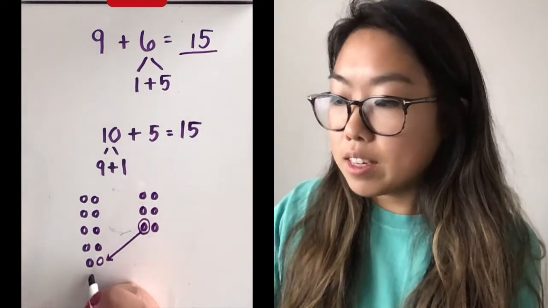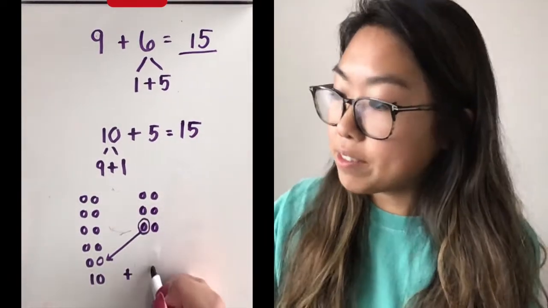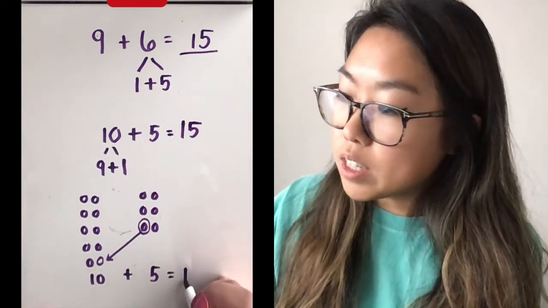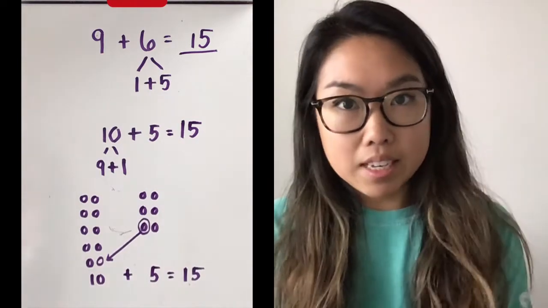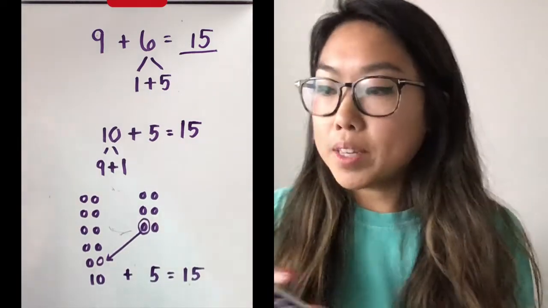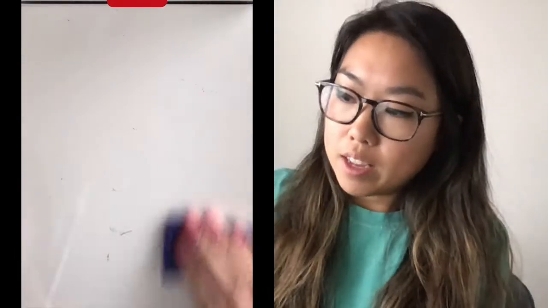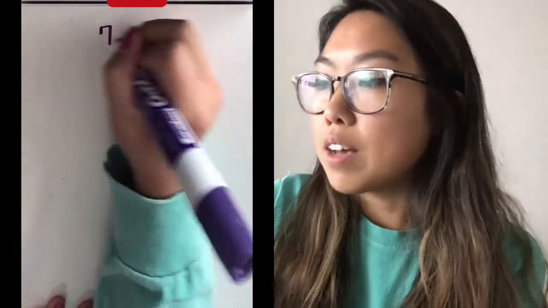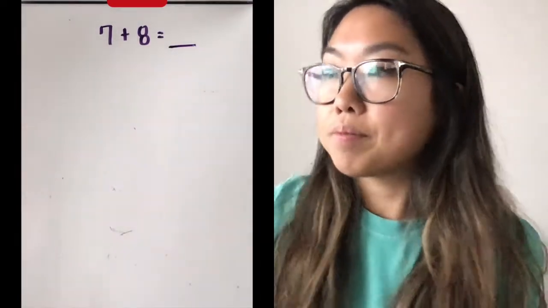So now I have 10 plus 1, 2, 3, 4, 5, which equals a sum of 15. That is how we can make a 10. Now let's try another one. I want you to think, how could you solve this problem using make a 10 as your strategy? We're going to solve 7 plus 8 equals blank.